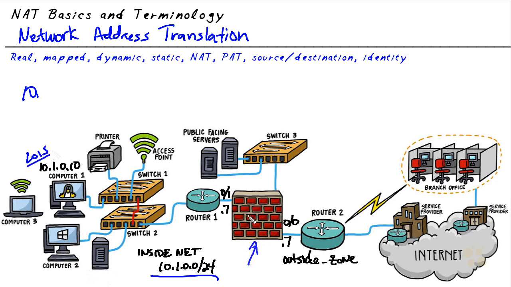So if we configure a network address translation policy for our firewall and we tell it to do translation, then it'll follow that policy and those rules, and it will simply swap out the appropriate IP addresses every time it sees it.